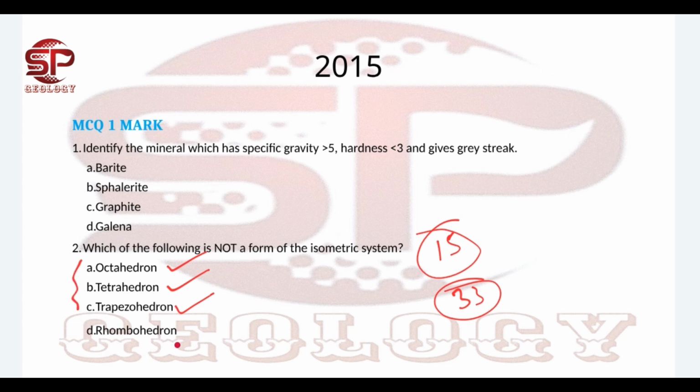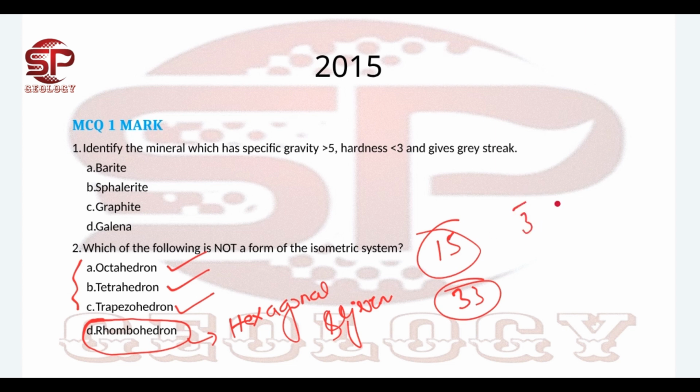So this is the rhombohedron. It is a non-isometric form. It belongs to the hexagonal system. Rhombohedral form belongs to the rhombohedral class, which has the symbol 3 bar. It's called rhombohedron. The answer will be rhombohedron.